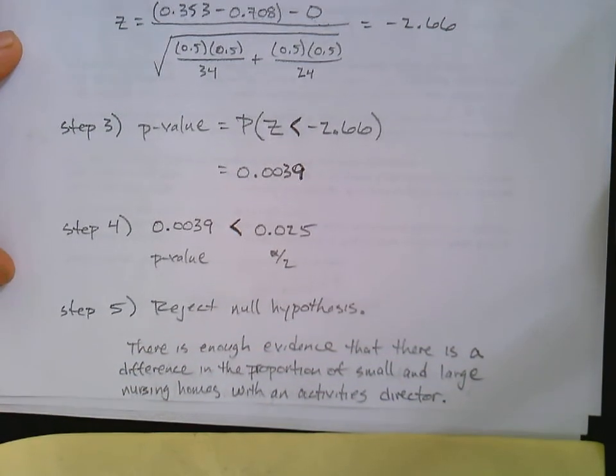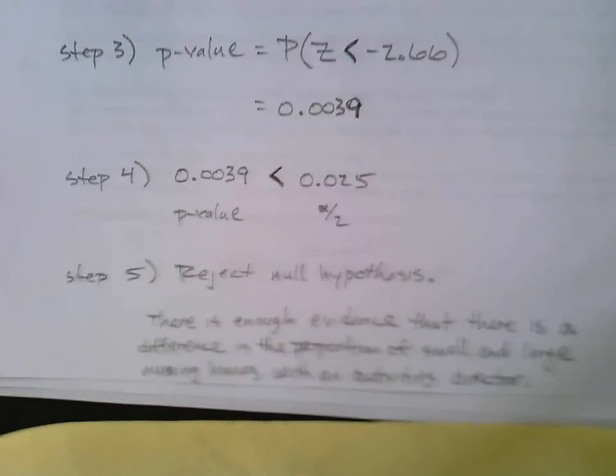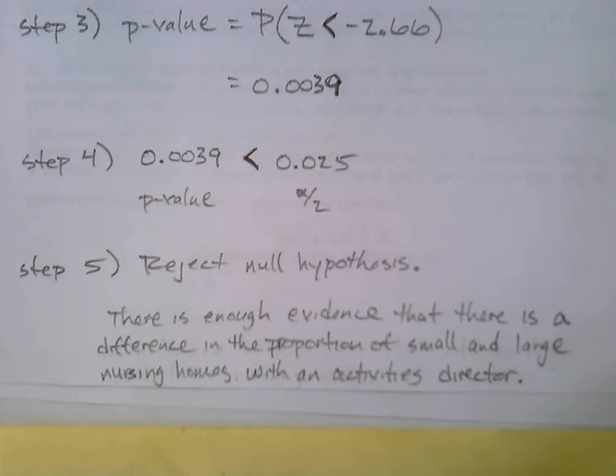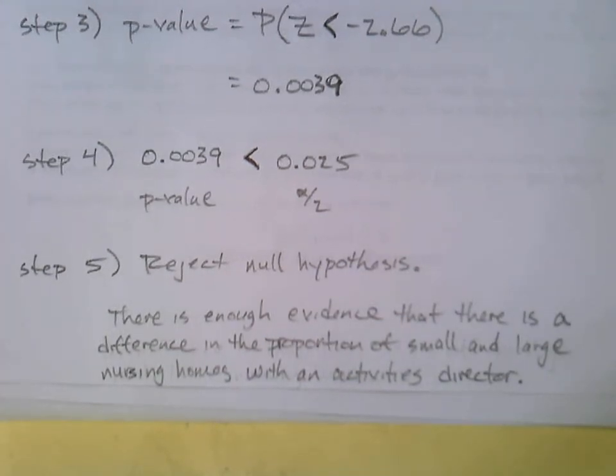And if you want a statement, it's kind of small there. Let me maybe zoom in a bit. We say there is enough evidence that there is a difference in the proportion of small and large nursing homes with an activities director. You don't have to phrase it exactly the same way that I did, but you do want to be careful to not say too much or too little.